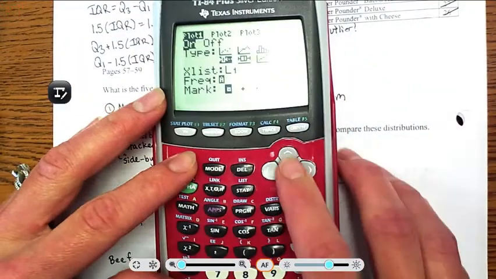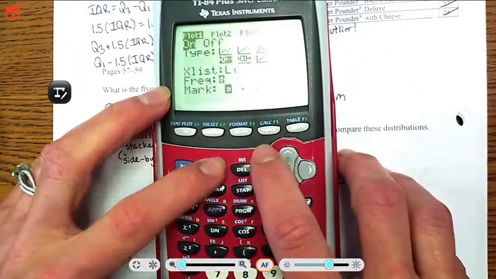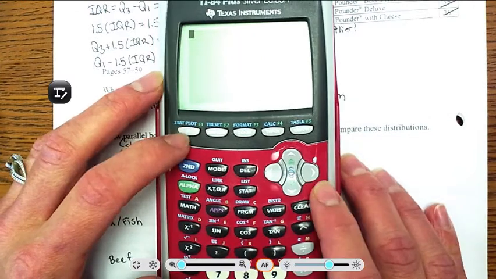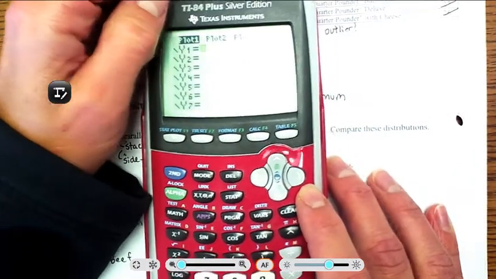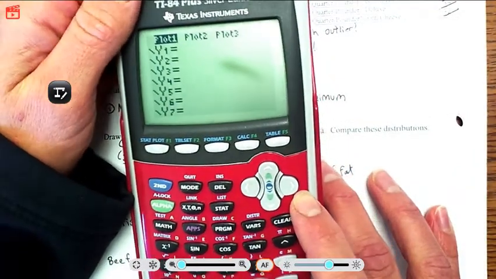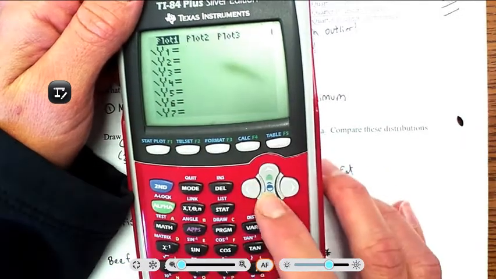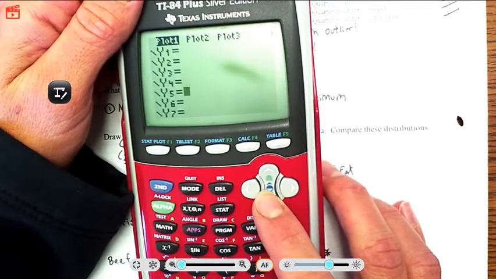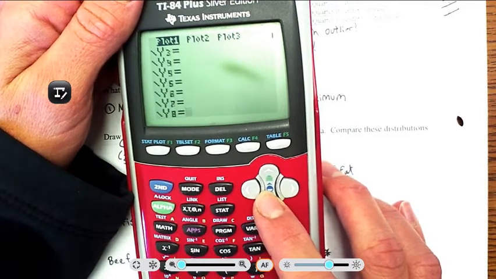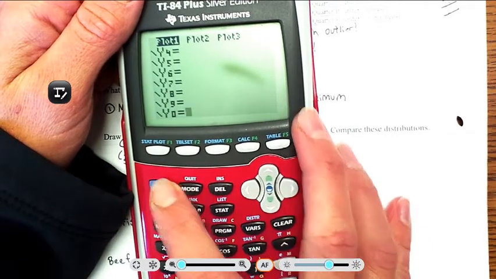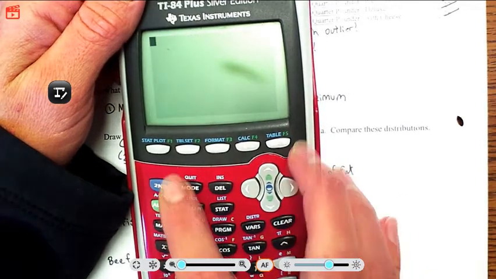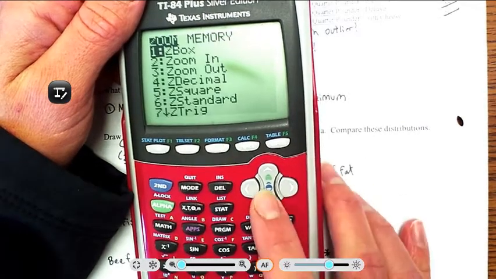Okay, after that, I'm going to go to second quit. I'm going to check this one area as well, because this could lead to a little bit of corruptions in your graphs. Make sure all of your Y's are blank. Okay, so go ahead and check them all out. Looks good to me. Second quit. Okay, I'd like to go to Zoom Stat.